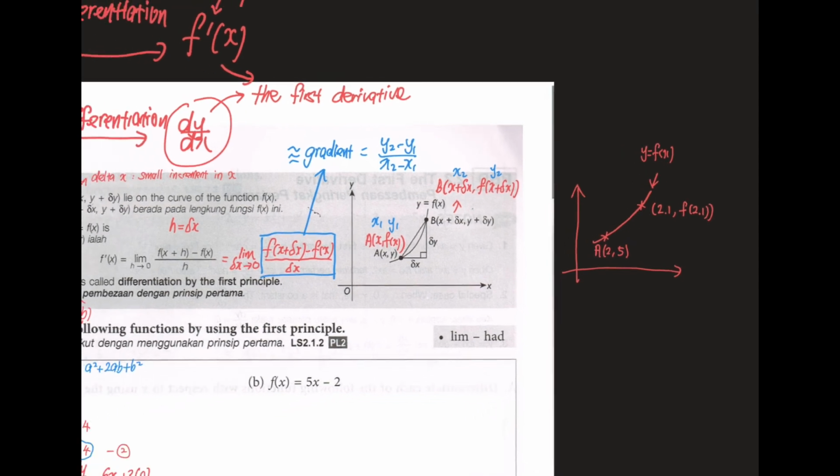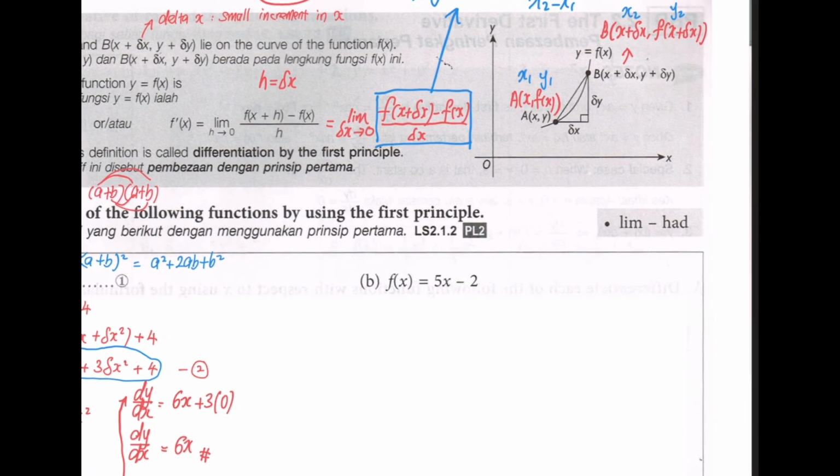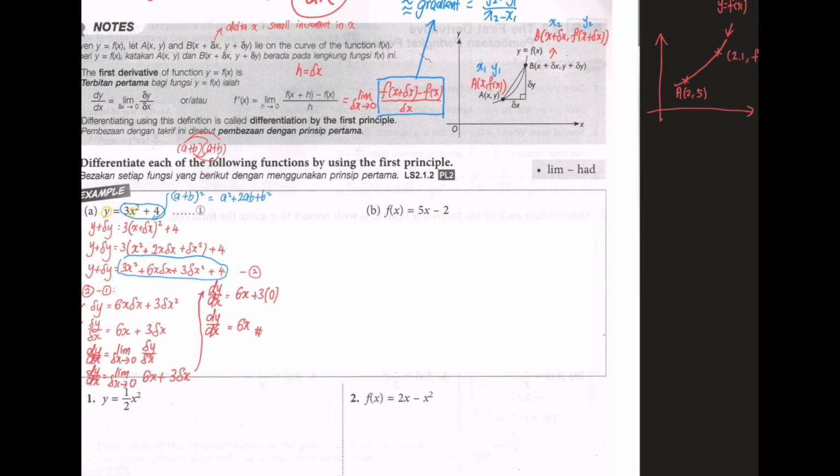Okay, so for example, let's see. They give us fx equal to 5x minus 2. I call it equation 1.